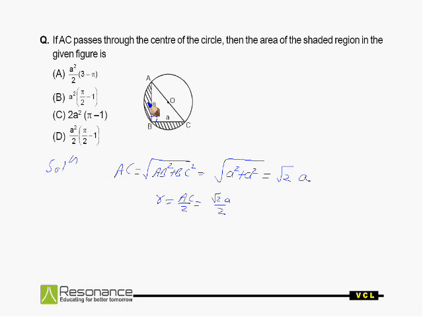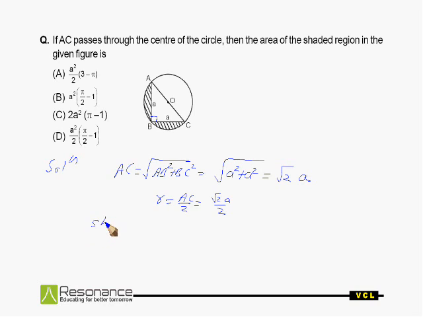Now we can find the area of the shaded portion by subtracting the area of triangle ABC from the semicircle ABC.